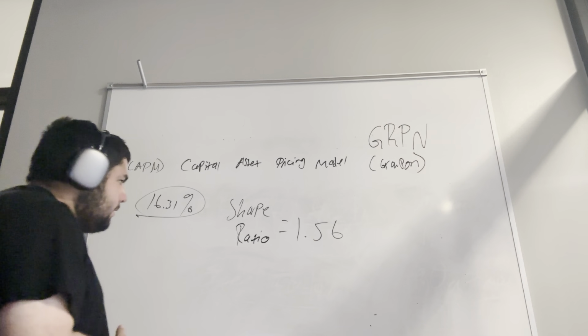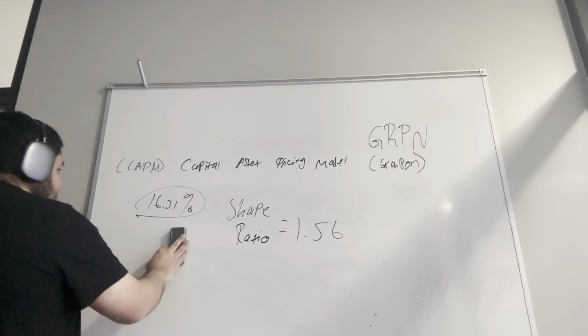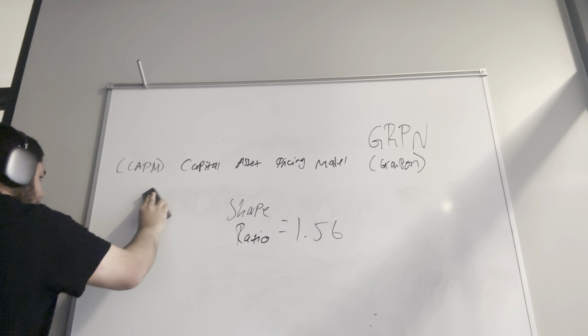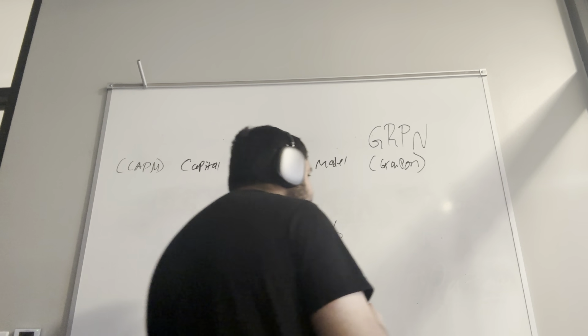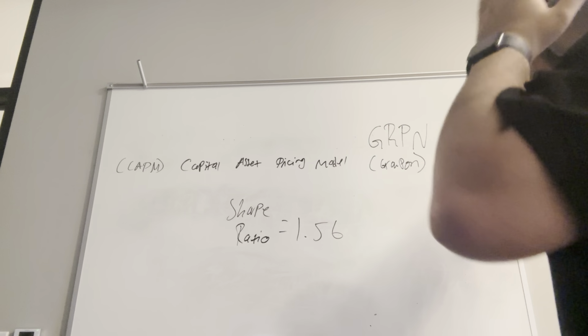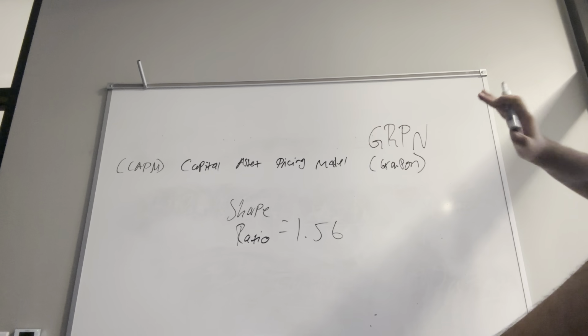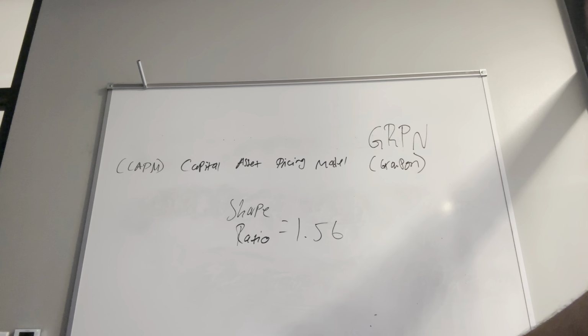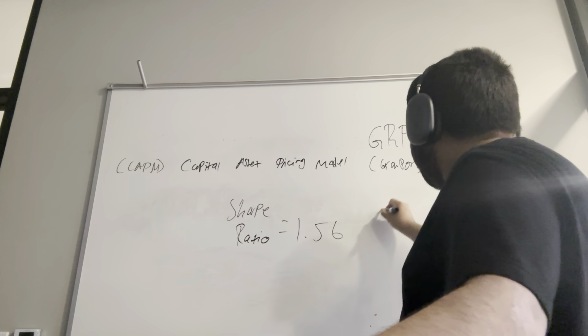So we've got our Sharpe ratio. This is pretty good. This is an acceptable Sharpe ratio. It could be considered good, but it's not like something that's totally out there. So this is okay.